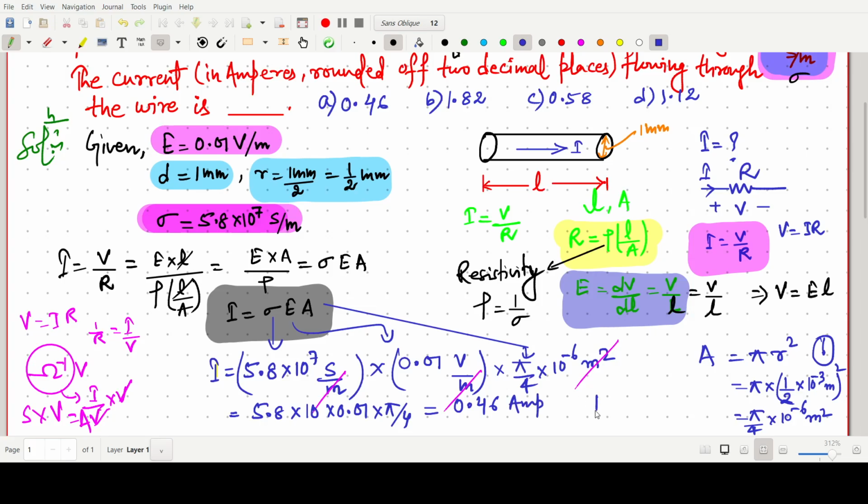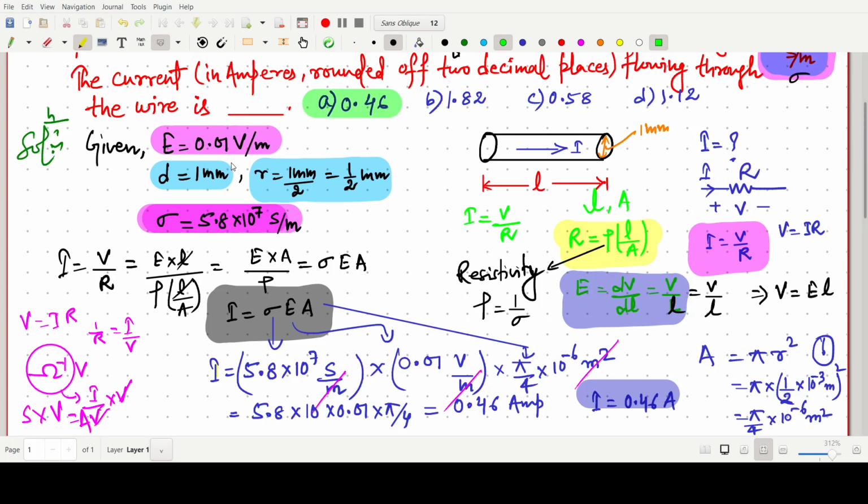So the I value will be simply 0.46 ampere. The answer for this question, the current will be 0.46, so the right answer will be 0.46.